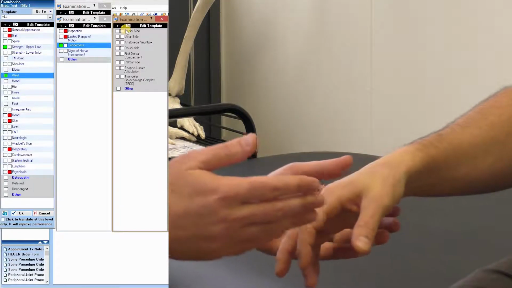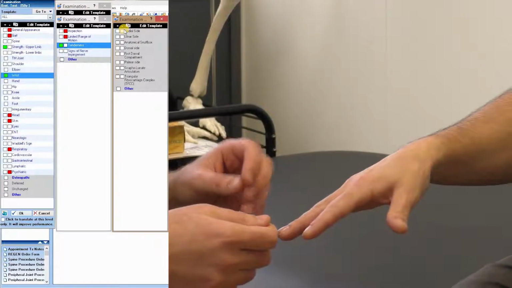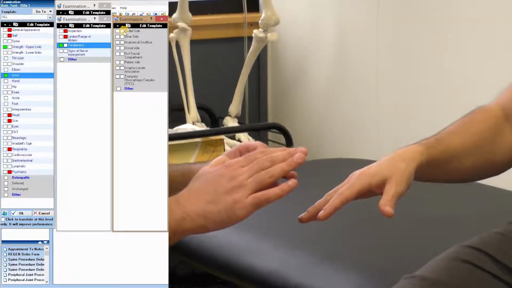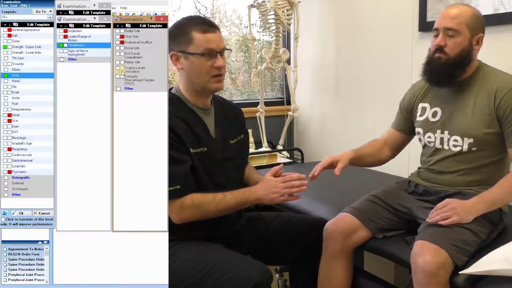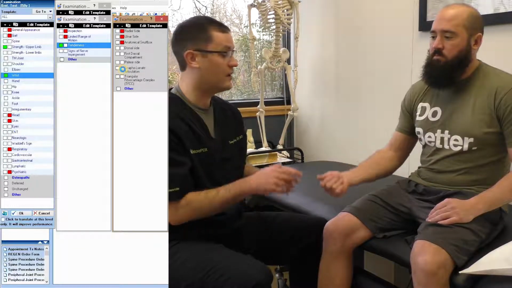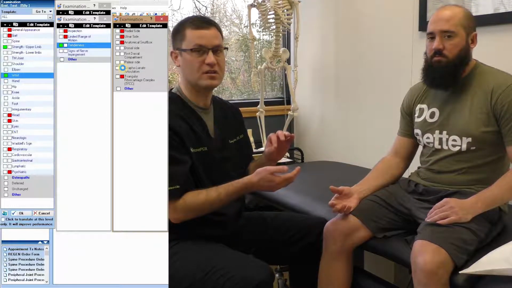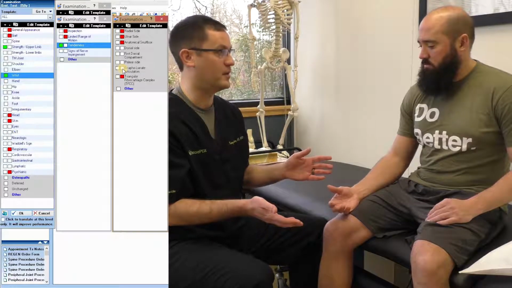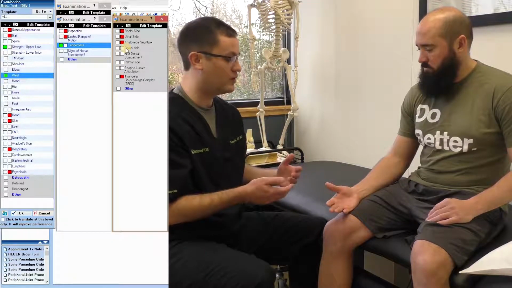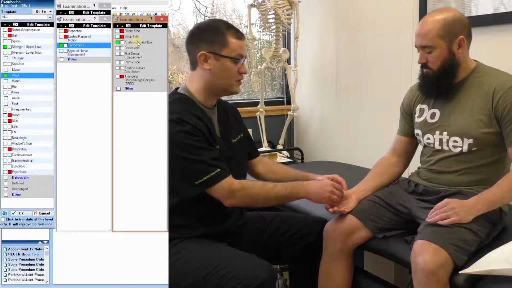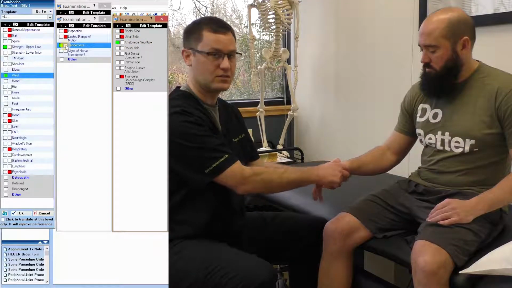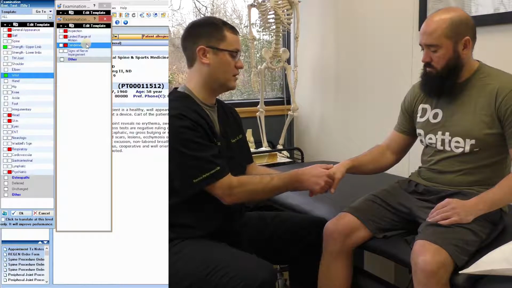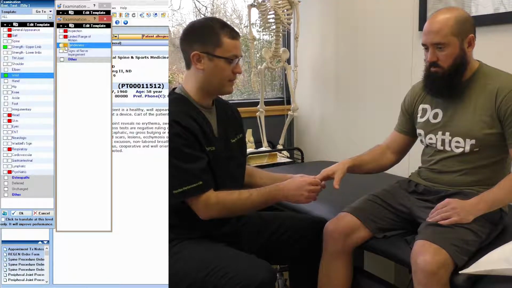So as the clinician is palpating these areas, you don't have to get all of them, but what's important is that if there is a tender area, you document that. If it is non-tender to palpation, you can just say wrist is non-tender to palpation, because we'll know that we have examined the CMC joint, the radiocarpal joint, the distal radial ulnar joint, the mid-carpal rows, so all of that.